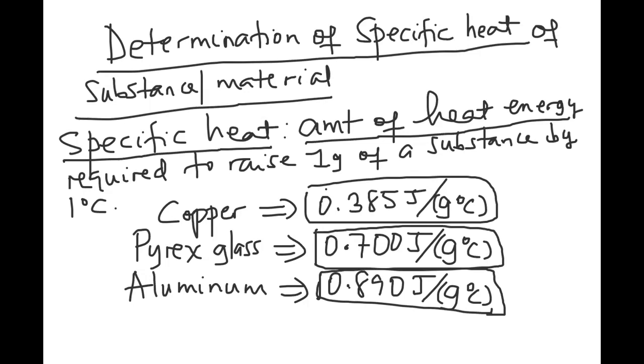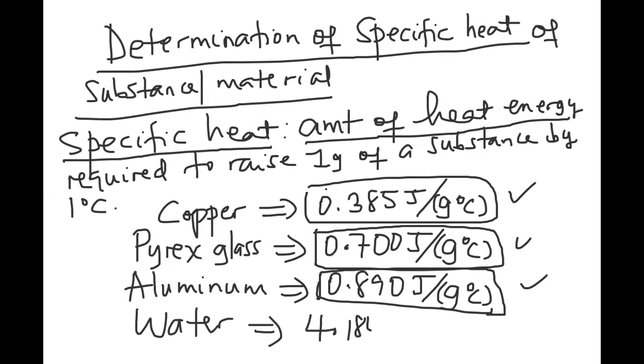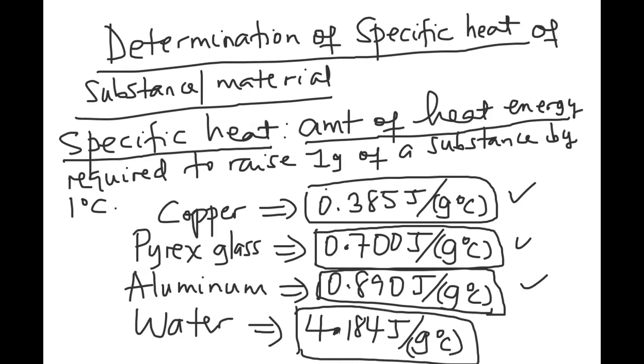I forgot, we have to add the water. Water is a very common substance, and we need 4.184 joules of energy to raise 1 gram of water by 1 degree Celsius.